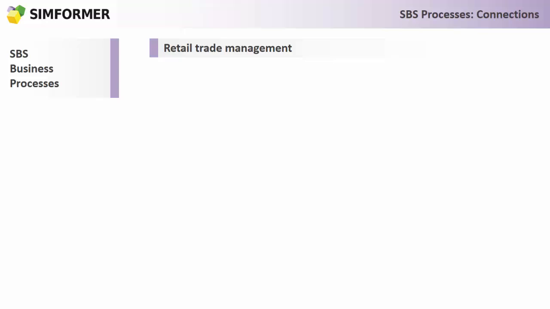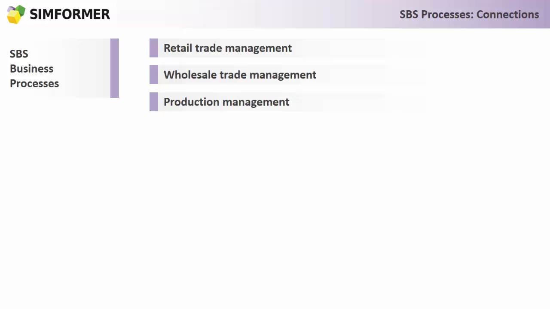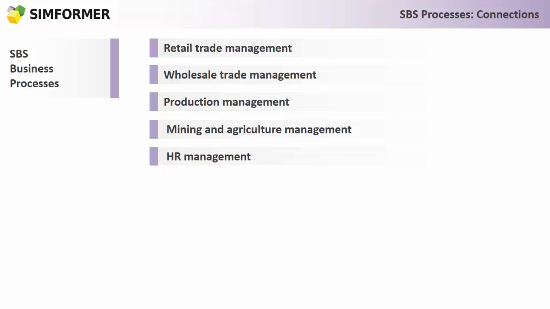So retail trade is one of those, the same as wholesale trade management as well. Now, production management, considering you're trying either to provide a certain good to yourself or you're dealing as a wholesaler, also is very important in order to plan your actions. And market knowledge is crucial here. Mining and agriculture management as well, because you will be providing certain goods to yourself or to others.